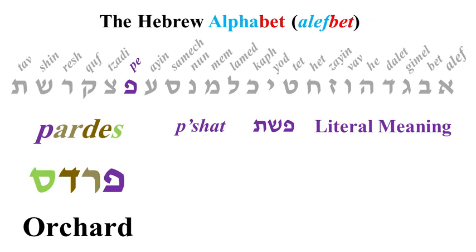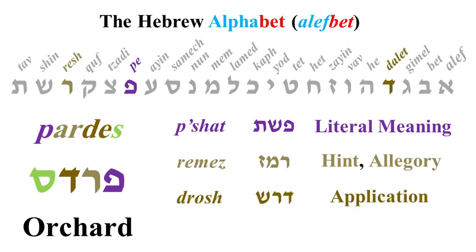Next is the resh, the remez. And the remez, if you read a verse, is a hint or an allegory that you can glean from that verse. The drosh level begins with dalet, and this is an application that you can pull out of that verse to your life. And then the final is the sod.